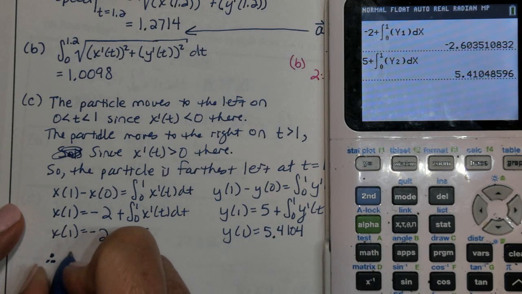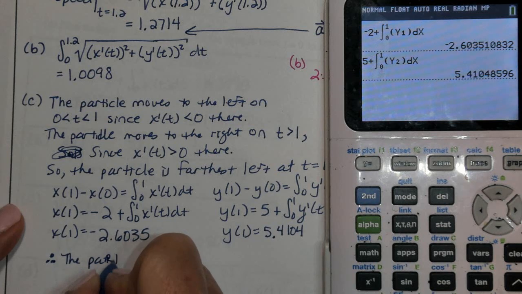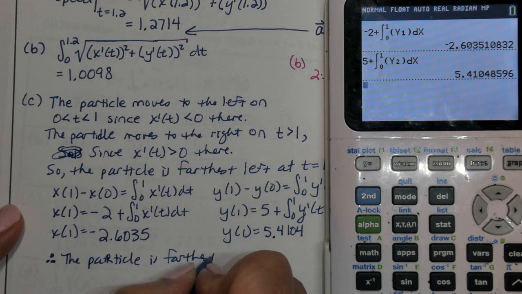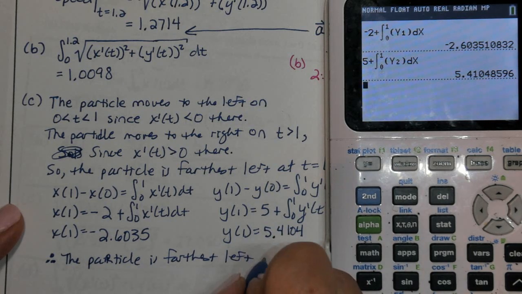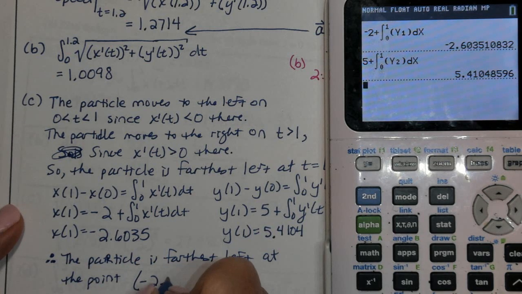So I'm going to state my answer. The particle is farthest left at the point negative 2.603, 5.410.